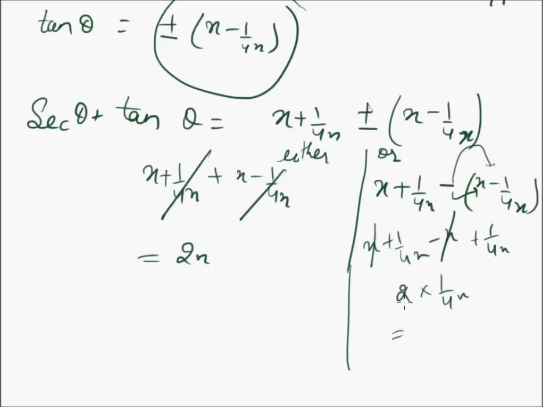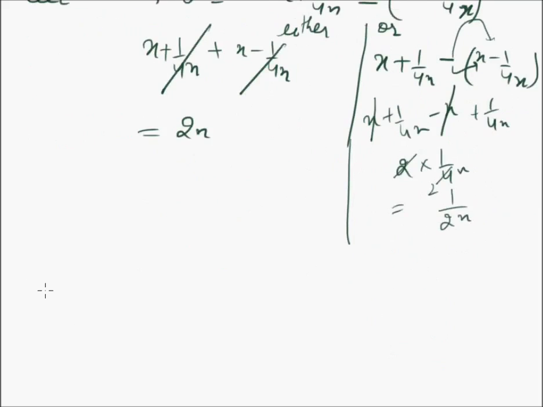So 2 cancels 4 and leaves 1 by 2. Hence the value of secant theta plus tangent theta is 2x or 1 by 2x.